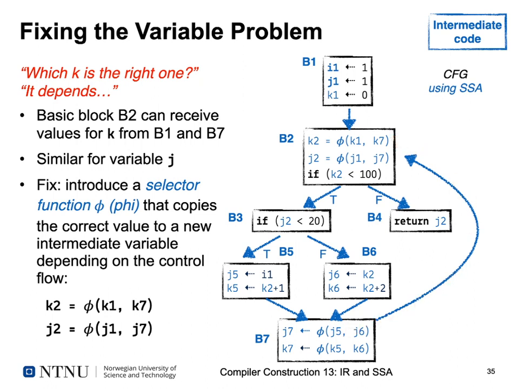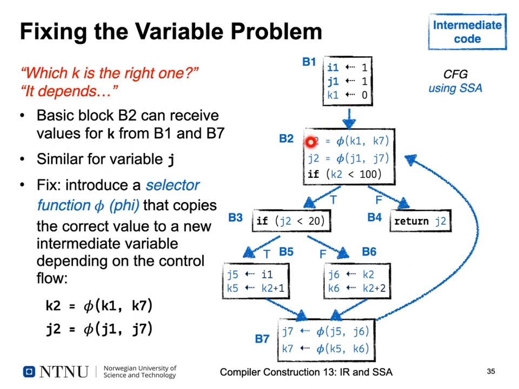Now we know that the value of k either comes from up here, so it's k1, or it comes from down here, so it's k7. We can do the same for the value of j, so j2 is either j1 from up here or j7 coming from down there. Now we can add this new name, k2, as the value to check the condition for.